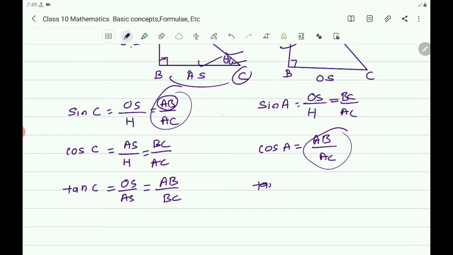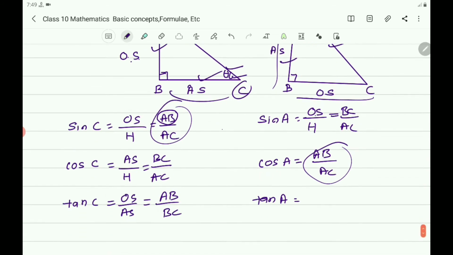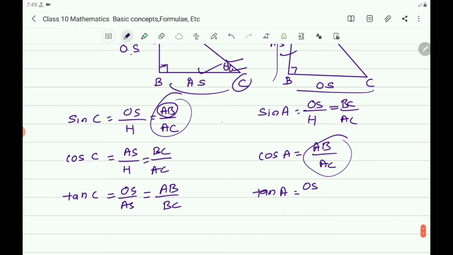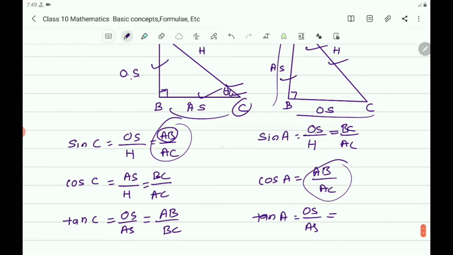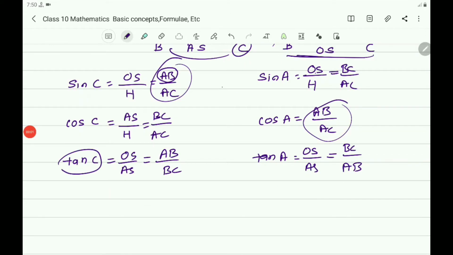Then you take tan A. For tan A, that is opposite side by adjacent side, which is BC by AB. Here tan C is the reciprocal of tan A.